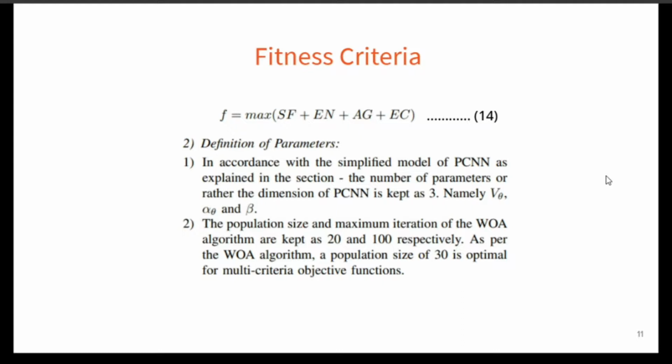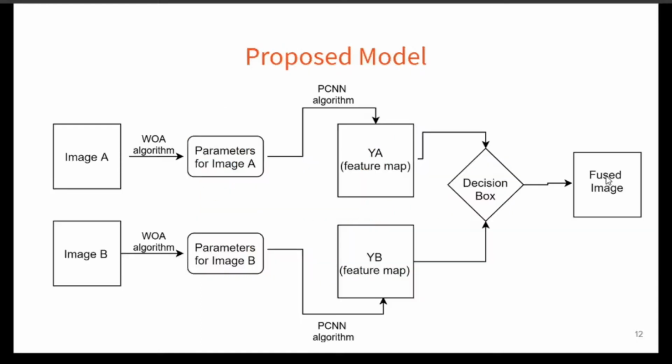Image entropy is the measure of information within an image. The average gradient is the measure of image sharpness and gives a measure of texture present in the image. The degree of activity in the image space is expressed by the spatial frequency, and edge count is the clarity of edges preserved after fusion.